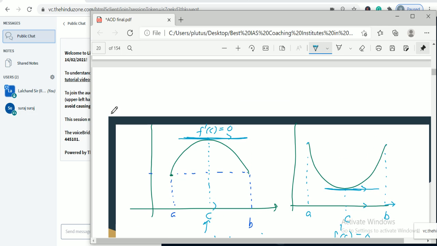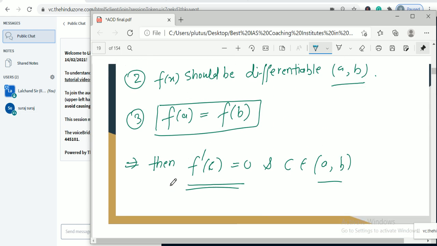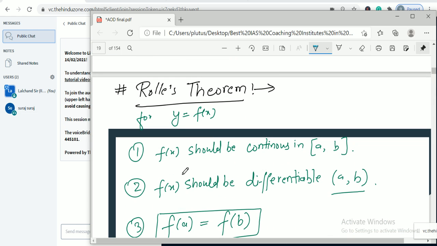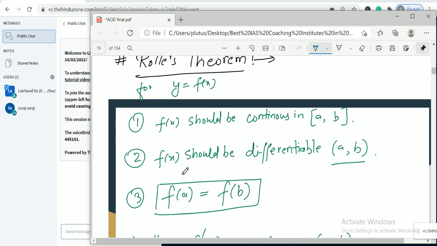This is the statement of Rolle's theorem and how the function looks geometrically. These are the three conditions a function should satisfy for Rolle's theorem. Is there any doubt up to now? Anyone? Are all three conditions clear to you? Okay.